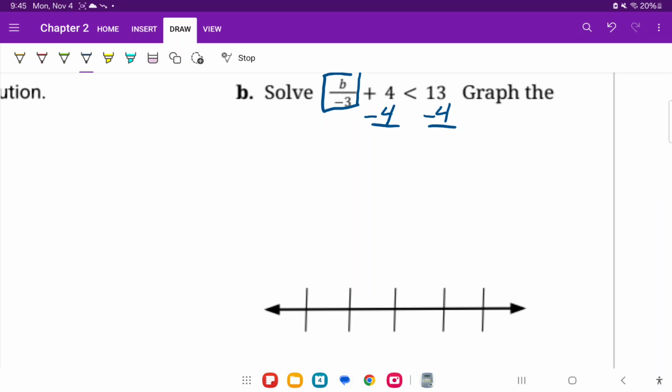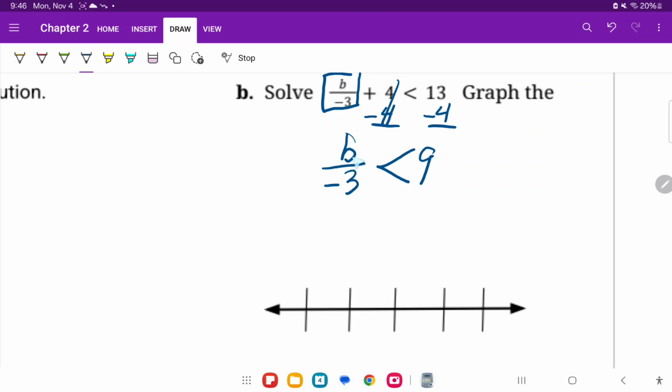And so then here on the left, we'll bring down the b over negative 3. This cancels out. We have our less than, and then 13 minus 4 is 9. So since we're done, we'll graph the solution.